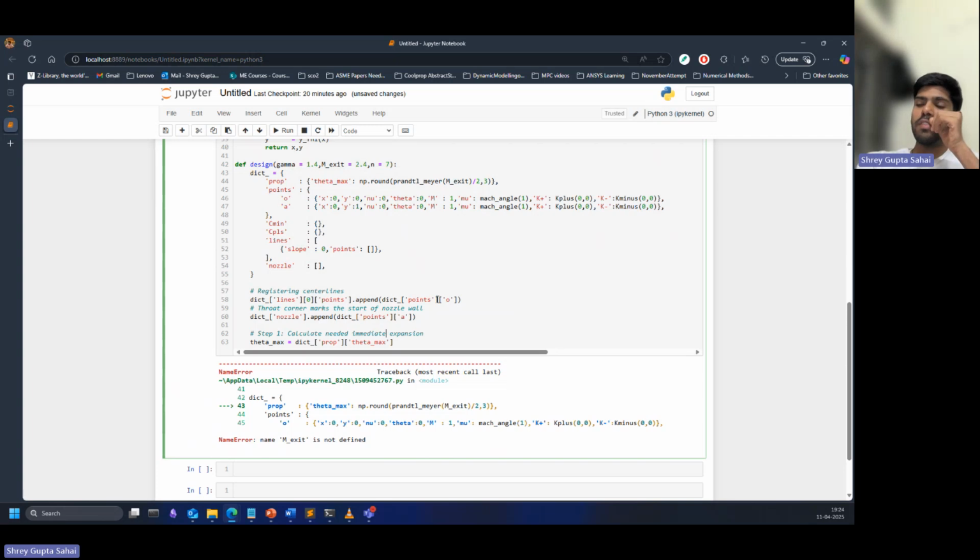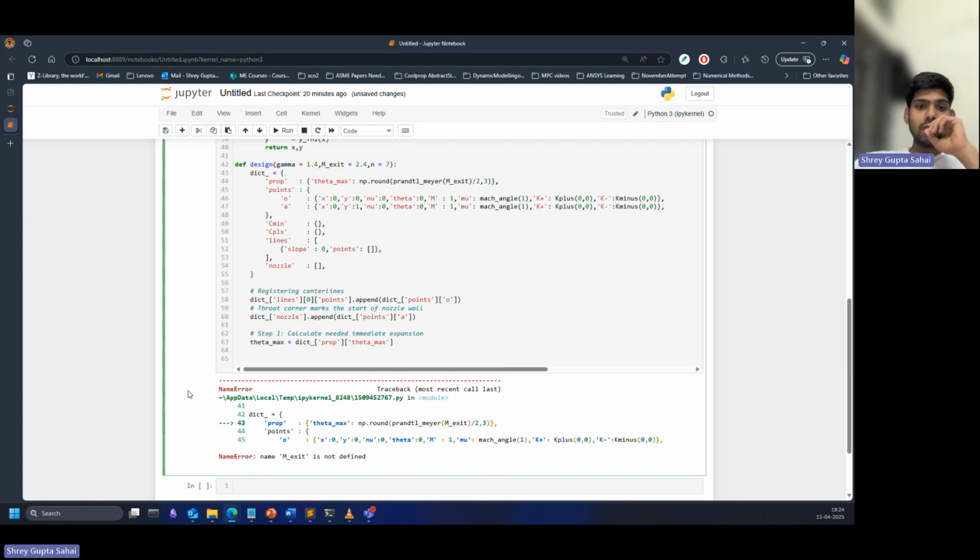Immediate expansion. This will give you the trailing expansion wave, the last expansion wave. There will always be a last expansion wave, right? Which expands the flow to this theta. So we will find the last expansion wave, how much we need.